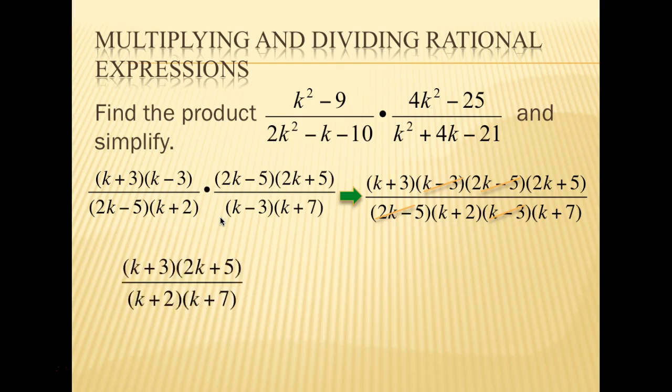Nothing else reduces. And I have my factored answer. And then lastly, you multiply. And we multiply by FOIL. And there's our answer.